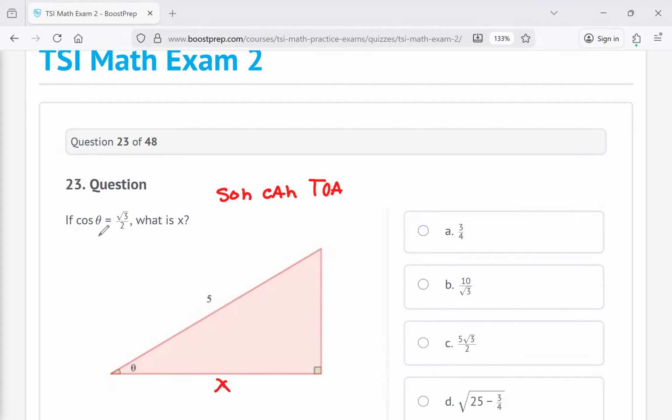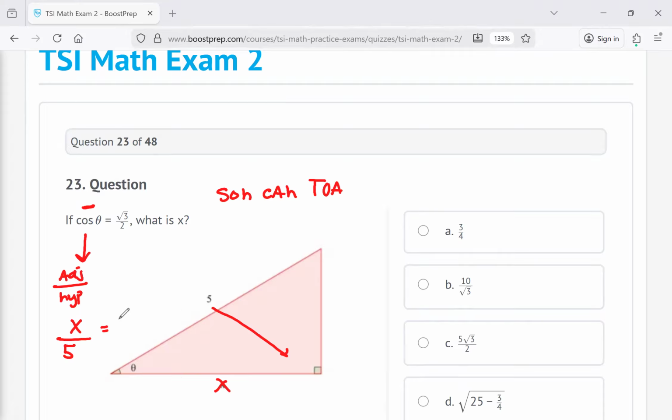Cosine theta is radical 3 over 2. So what is cosine theta here? Cosine is adjacent over hypotenuse. My adjacent side is x, and my hypotenuse is 5 because 5 is facing directly across the 90-degree.